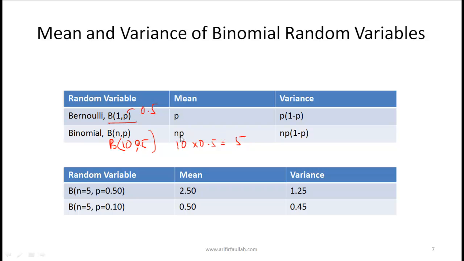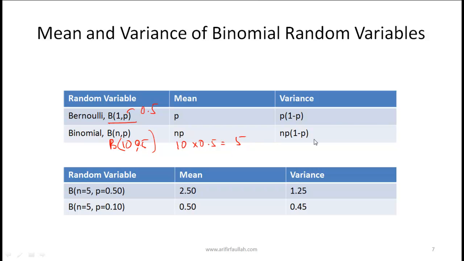This is saying that if you do the binomial experiment thousands of times, so thousands of times you do a set of 10 coin flips, then on average you can expect to have 5 heads or 5 successes, which is somewhat intuitive.